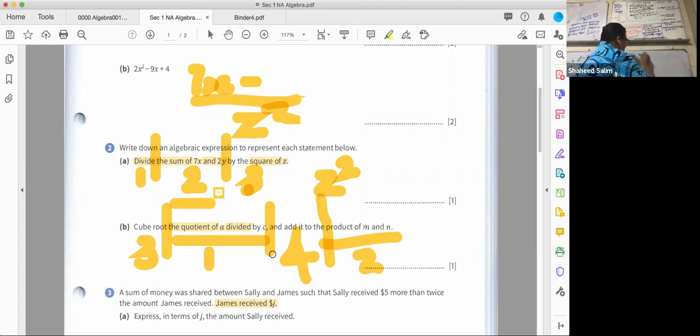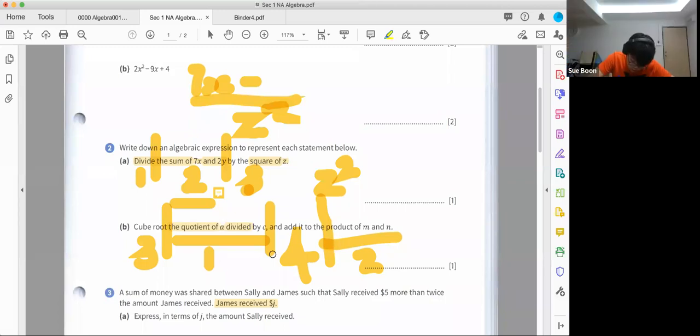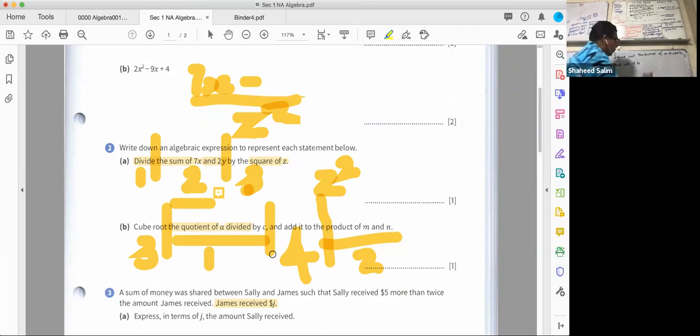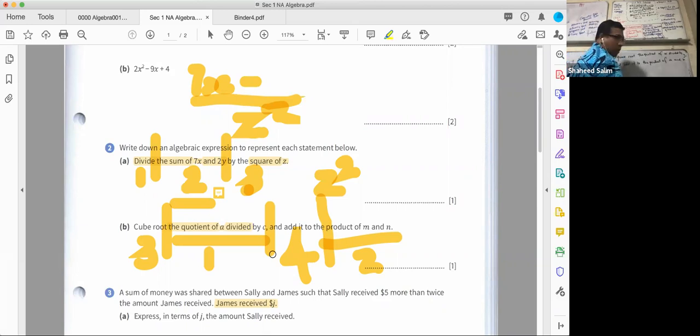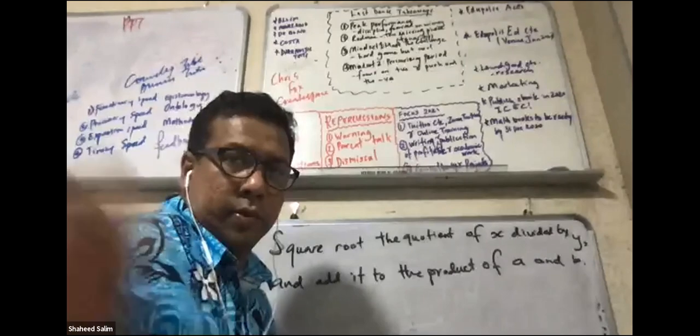The quotient of x divided by y and... okay, all those that are algebraic, you cannot see, hold on.